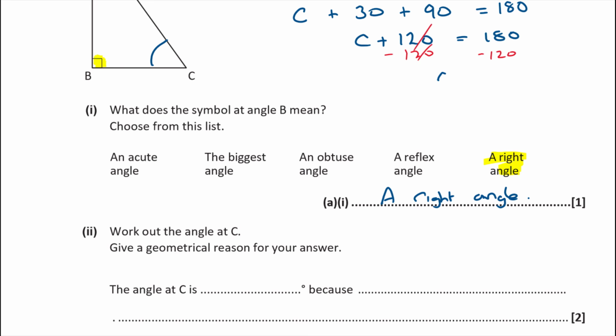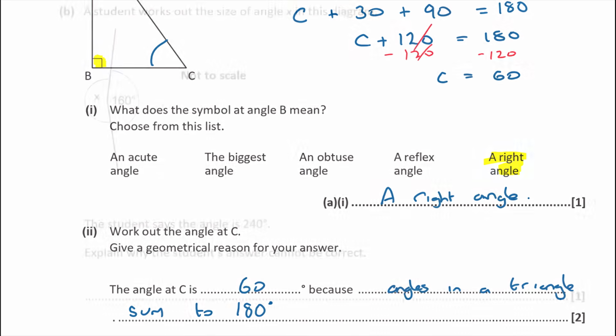It's going to leave me with C is equal to 60, isn't it? So the angle C is 60, and my geometrical reason for my answer is that angles in a triangle sum to 180 degrees. Okay.